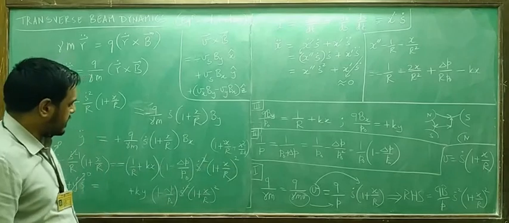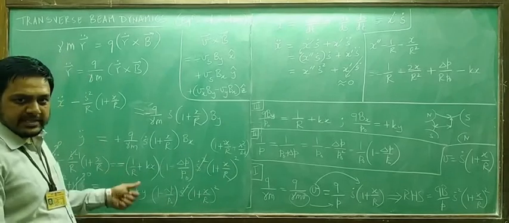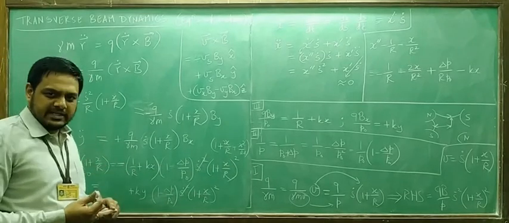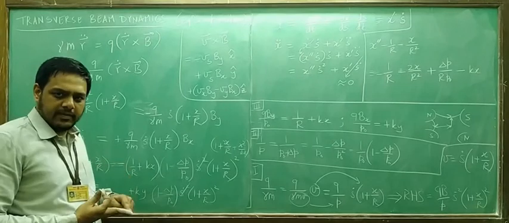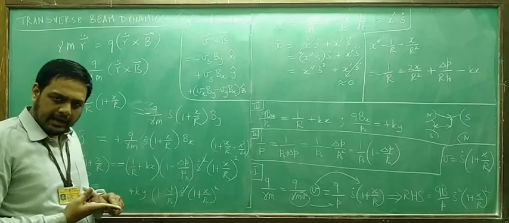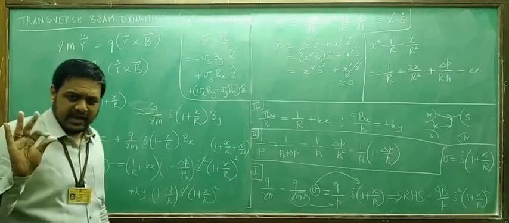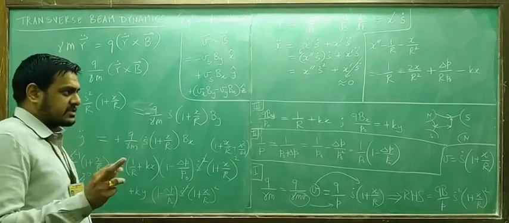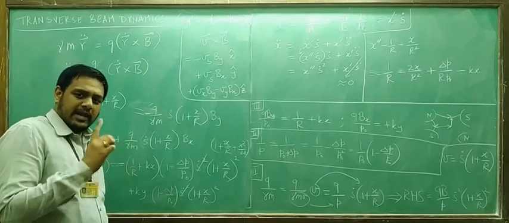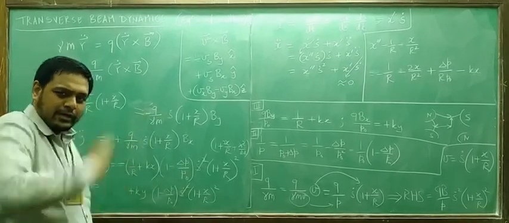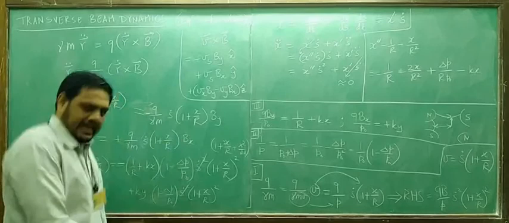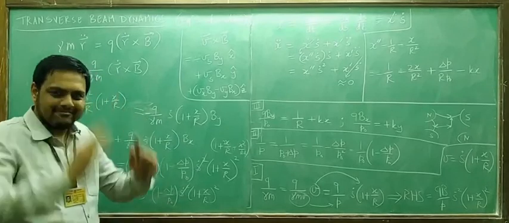You have kept the structure as abc plus ab times delta c plus ac times delta b plus bc times delta a. And all other further terms you have neglected. This is the basic idea of what we have done. If it is not clear, the only way to get it clear is write out all the terms and then cancel them.